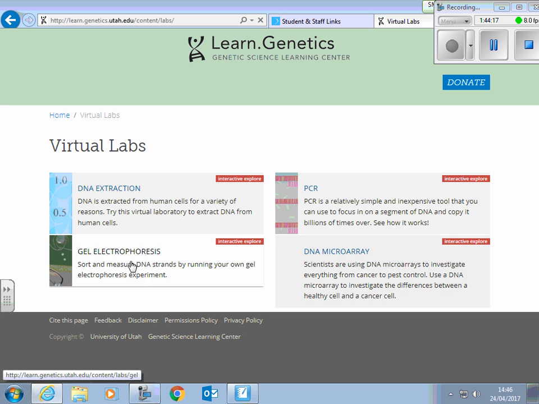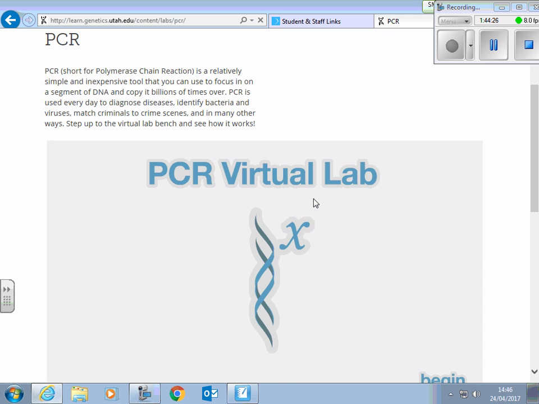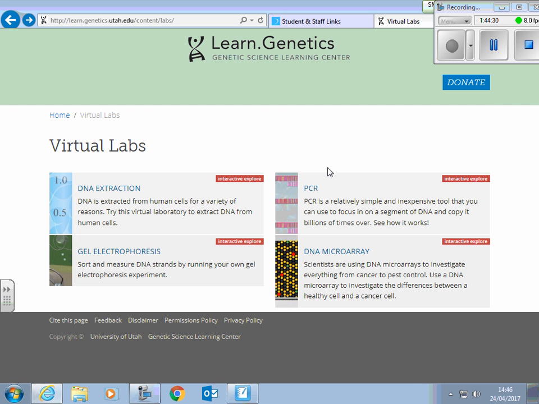Science tools, you've got virtual labs in here. DNA extraction, gel electrophoresis, PCR I'm going to talk about probably next time. PCR is like an artificial form of replication. Sometimes you want to multiply up a sample of DNA and you've only got a tiny little bit, it might be from one cell that somebody's left at a crime scene and you need to multiply it and copy it.